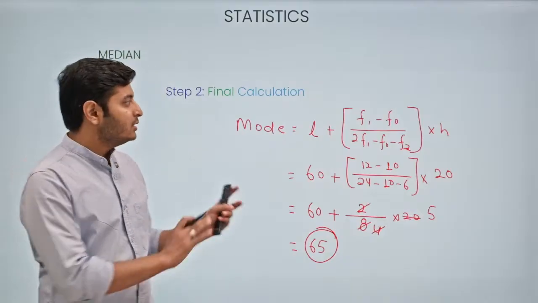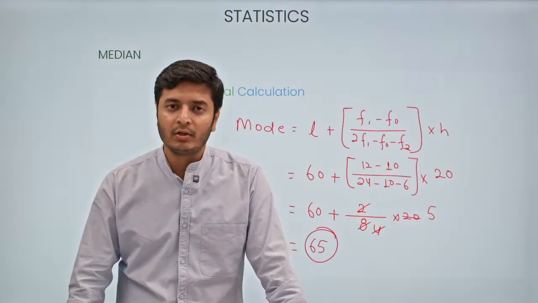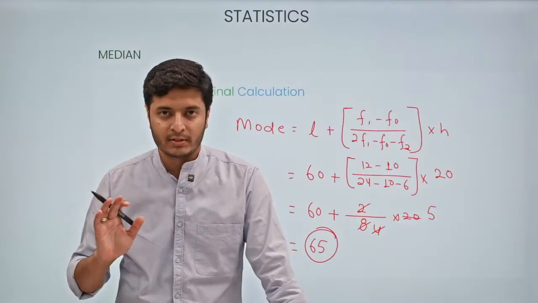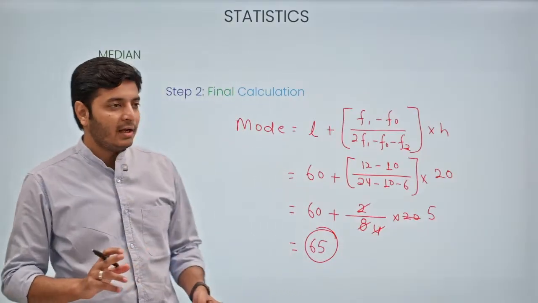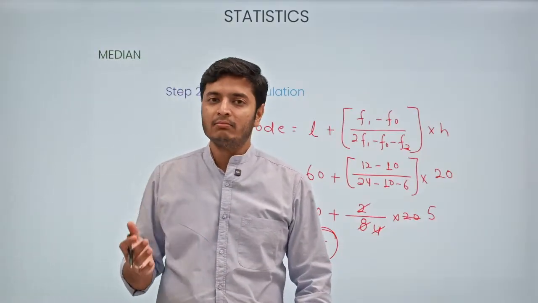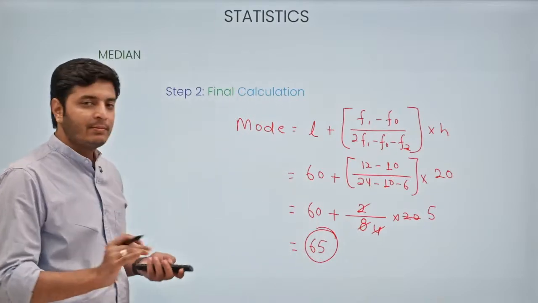Easy. This is the process when the examiner gives you a direct problem asking you to find the mode of this data set, correct? But there can be some problems where some values are given and some values are not given. Let me show you an example.